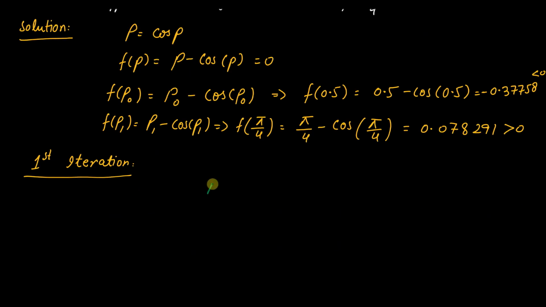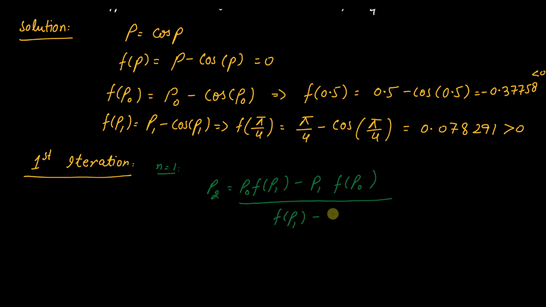The customized formula for the secant method: in this case we are choosing n equals 1. So P2 is equal to P naught f of P1 minus P1 f of P naught, divided by f of P1 minus f of P naught. So we need to substitute the values.